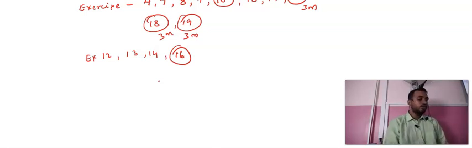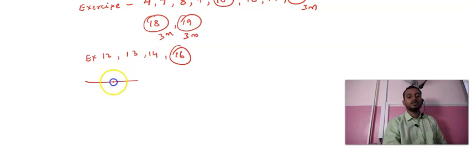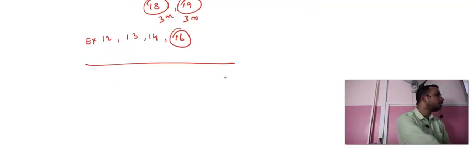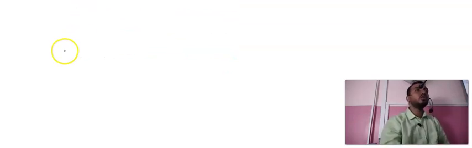Okay. So this completes the chapter arithmetic progression. We have done with AP. Got it? Then next chapter, the easiest chapter in this entire syllabus, very easy to score.